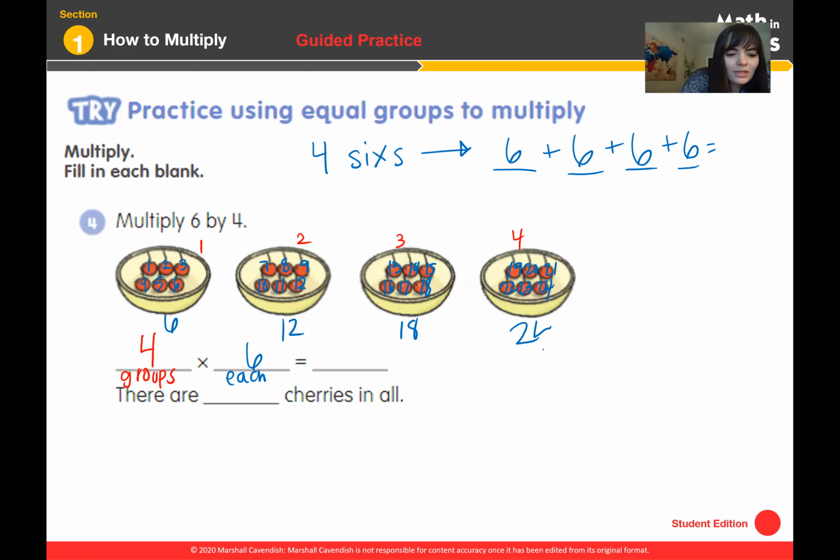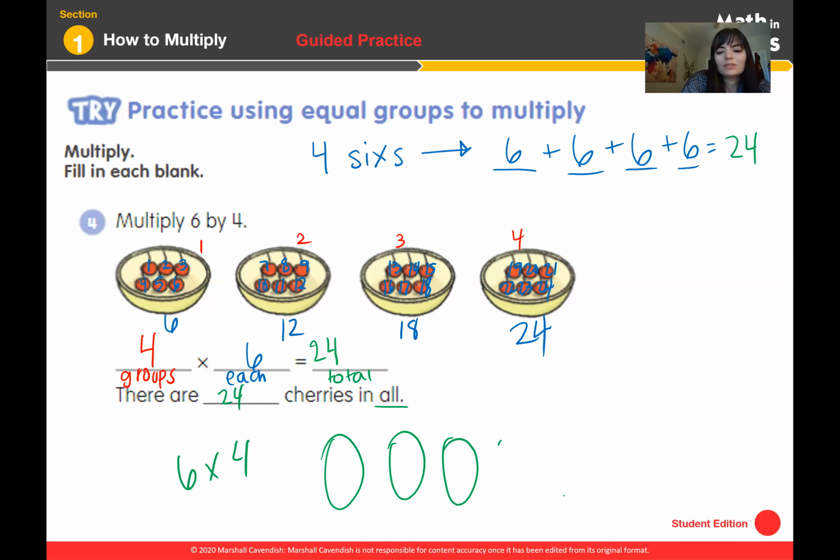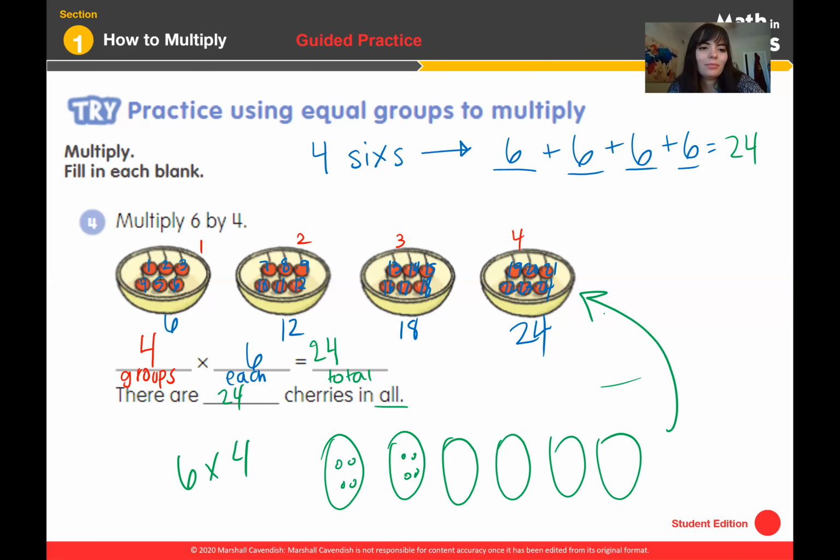So I found my answer, my cherries in all, my total. My in all is 24. I have 24 cherries total. If I did 6 times 4, that would be a different picture. I would have 6 groups of 4 in each. Be careful because that picture is not going to look the same as that picture.